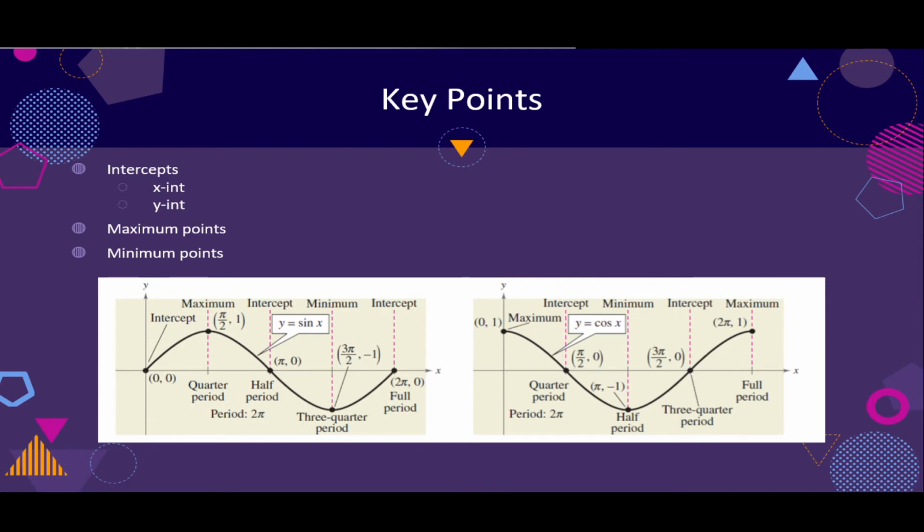For cosine, the maximum is going to be 0, 2 pi, 4 pi, 6 pi, 8 pi, 10 pi, it's evens. For negative, it's going to be 0, negative 2 pi, negative 4 pi, negative 6 pi, negative 8 pi.